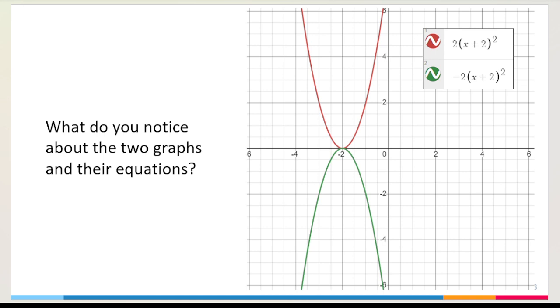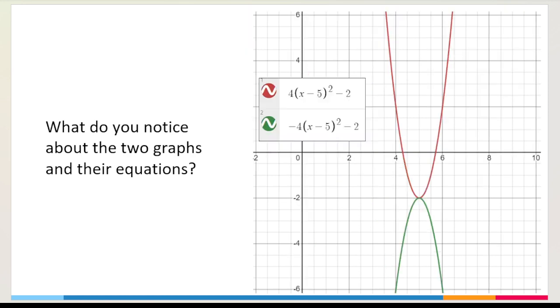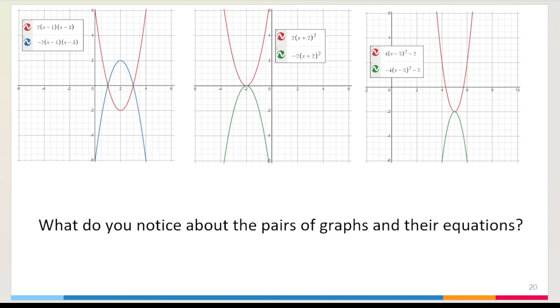If we look at this one here, we've got the same thing, +2 versus -2. Because it's got a squared factor, we know that it's going to be just touching, and we see the difference there. And finally, even with vertex form, if there is a negative coefficient at the front of our squared factor, or a positive, that is going to determine if it is smiley face or frowny face, or positive or negative.